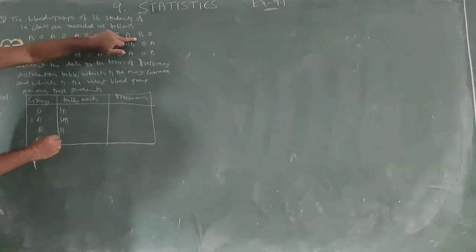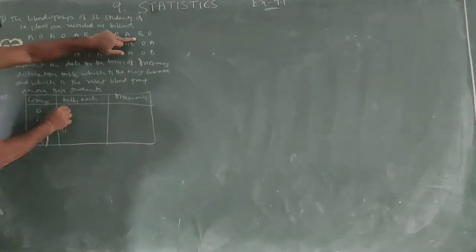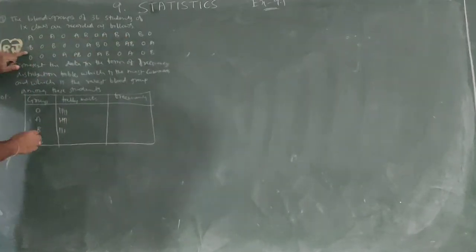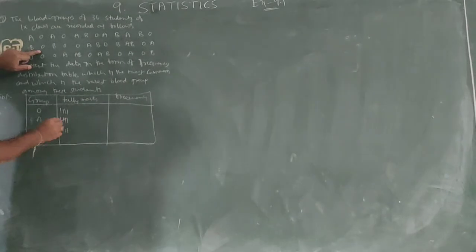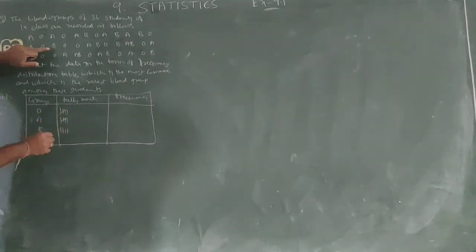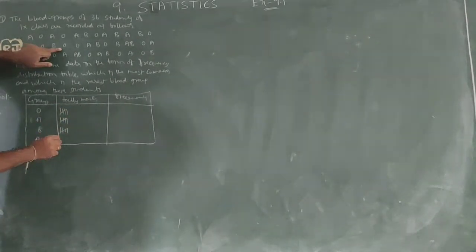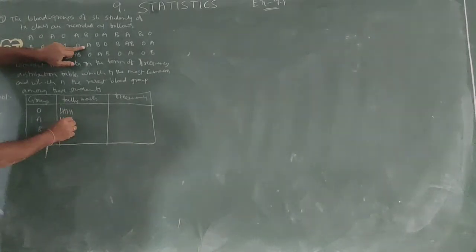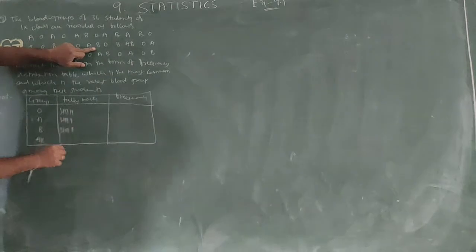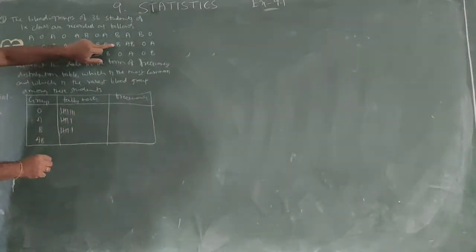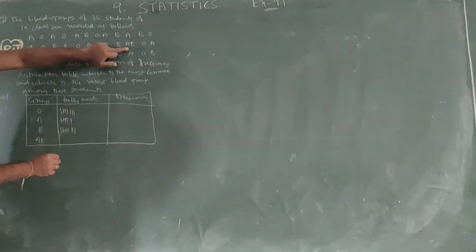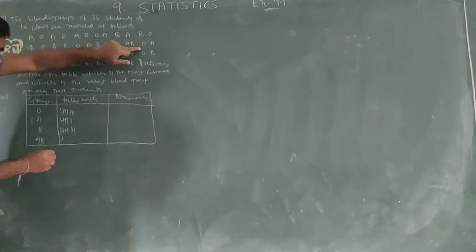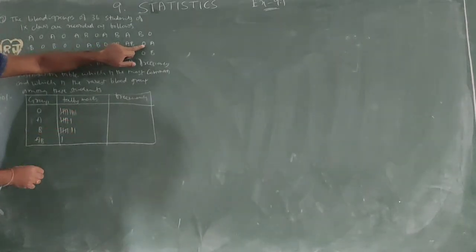Next B, O. Next B, O. After 4, the fifth one. B, fifth one. O. A, B, O, B, A, B, O, A.